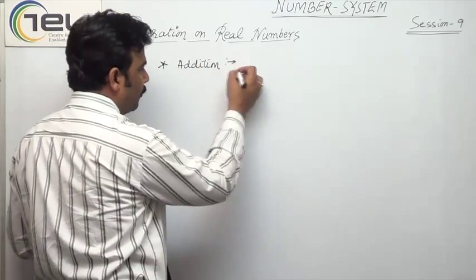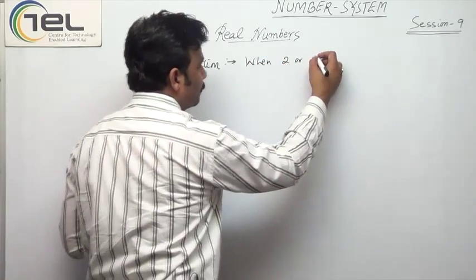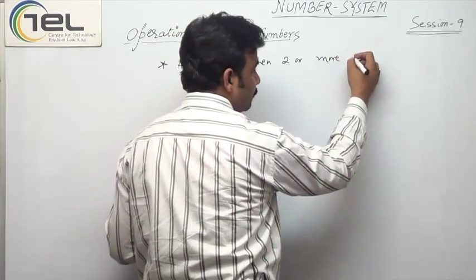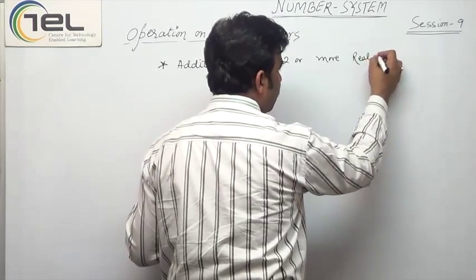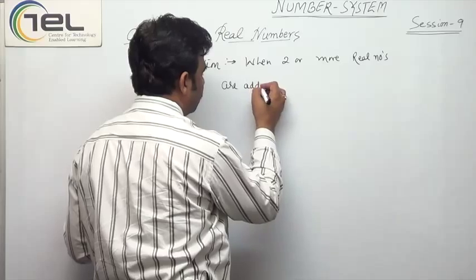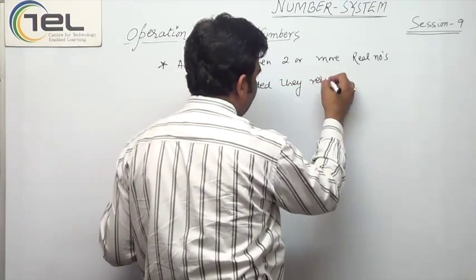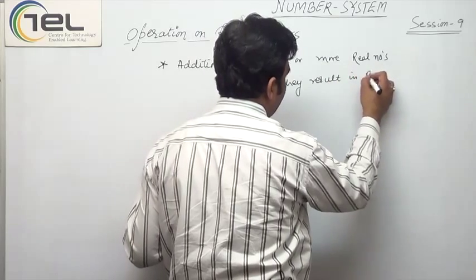Addition is when two or more real numbers are added, they result in a real number.